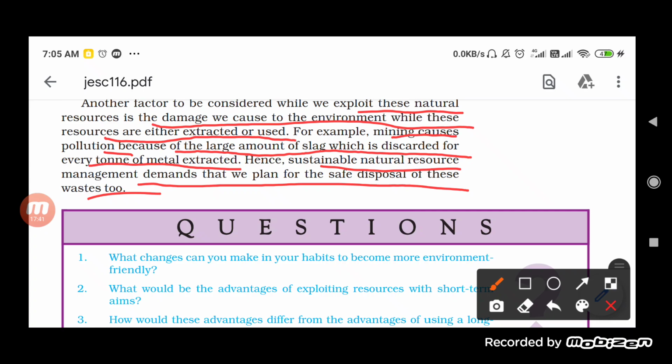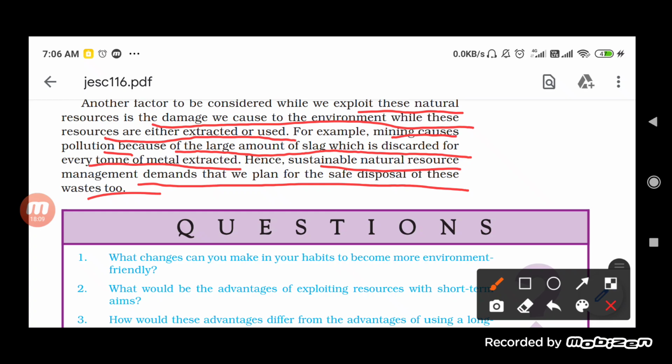For example, let us take another example. Here it is said that during mining a large amount of slag is produced for every ton of metal extracted. So we must ensure the safe disposal of this waste too. Similarly, if forest trees are to be cut for various purposes, it will damage the environment.